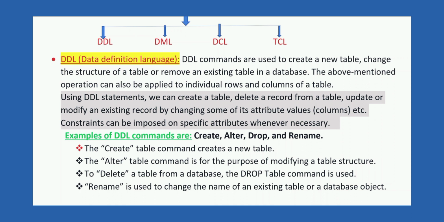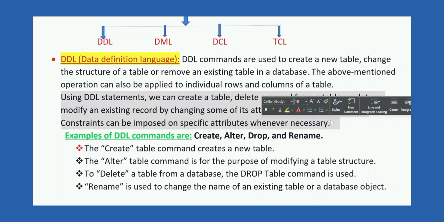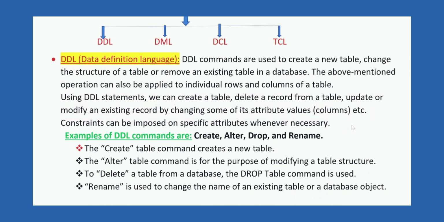So, constraint is a very important term if you want to maintain the consistency and accuracy of that particular record or that particular database. Now, this is all about DDL. Now, what are the commands that DDL contains?